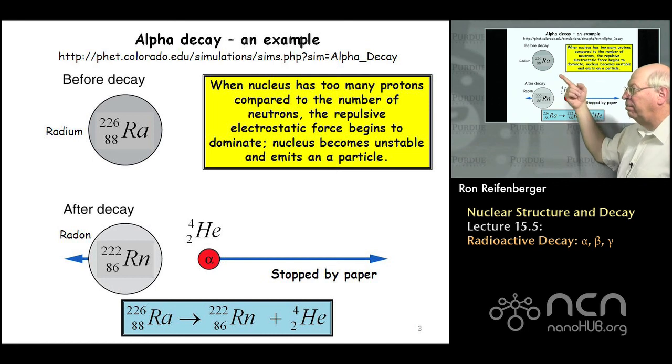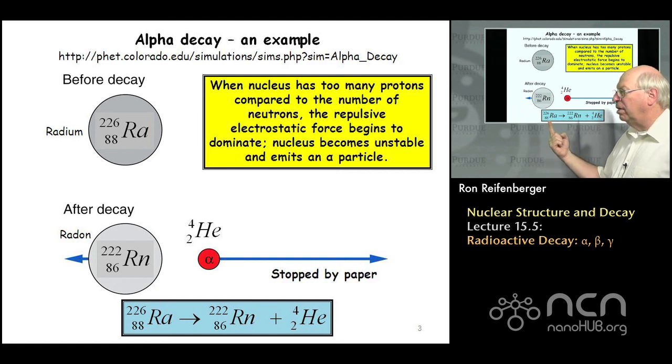Now, this decay scheme can be represented by a nuclear equation, and it's important for you to understand how that nuclear equation works. What that nuclear equation says is that radium, which has 88 protons and 226 total nucleons, decays into this element radon, which has 86 protons and 222 nucleons, plus this alpha particle, which we now know to be the helium nucleus, which has two protons plus two neutrons.